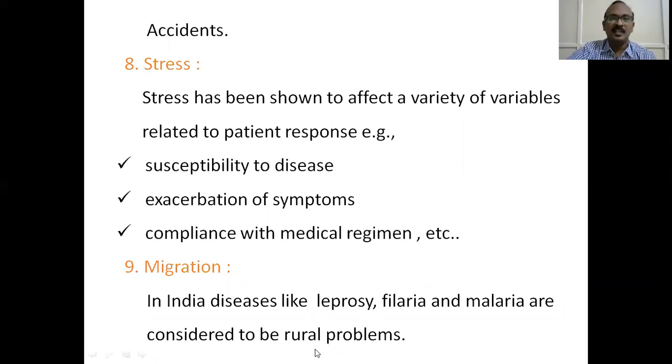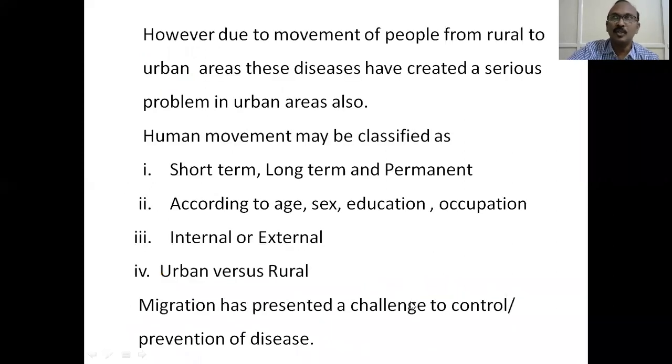Migration. In India, diseases like leprosy, filariasis, and malaria are considered to be rural problems, as I said earlier. But due to the movement of these people from rural to urban areas for occupation, for employment, these diseases that are confined to the rural areas have also created serious problems in urban areas.